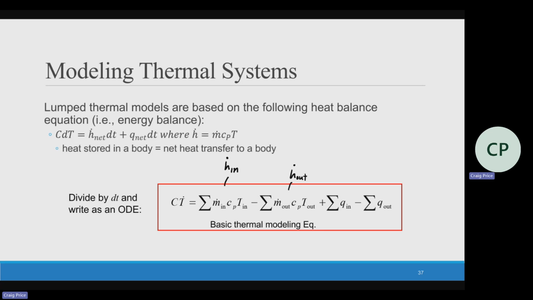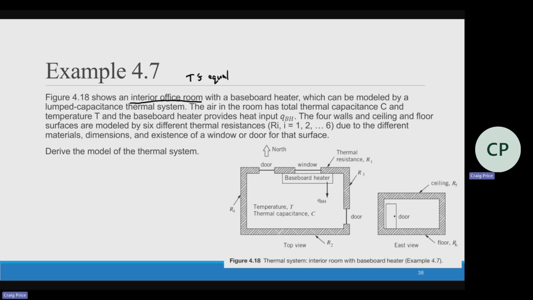How is it changing with respect to time? What this means is that for every capacitance, every body, I'm going to have one first order equation. Just like with hydraulics, just like with circuits, every capacitance gives you one first order equation. So, you got it? It's on the equation sheet.